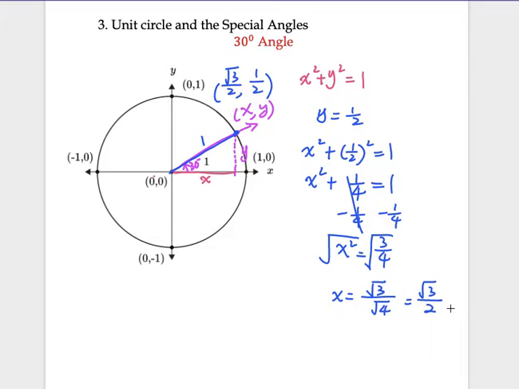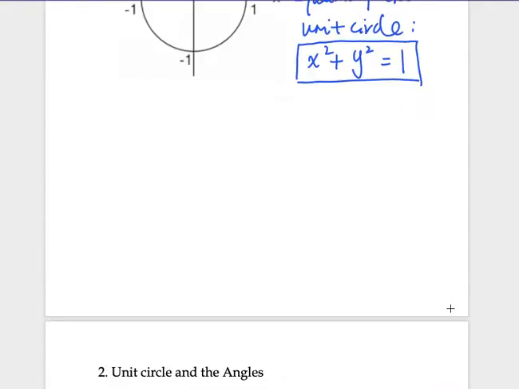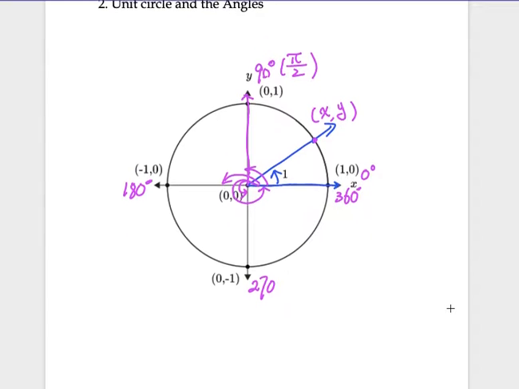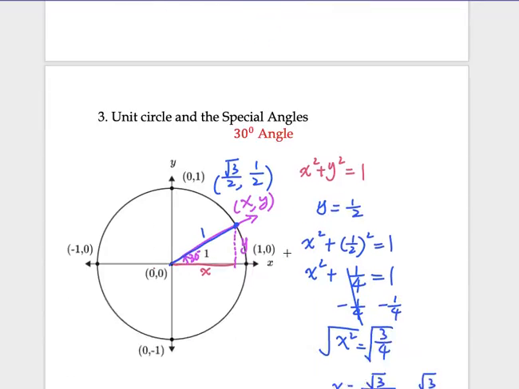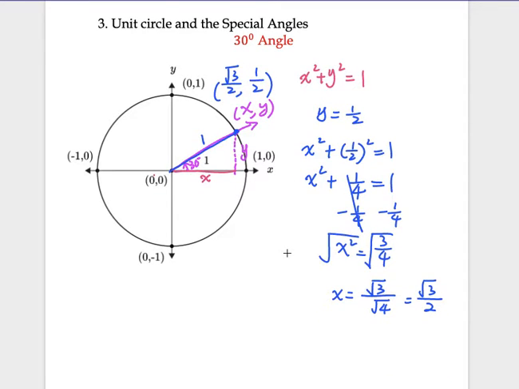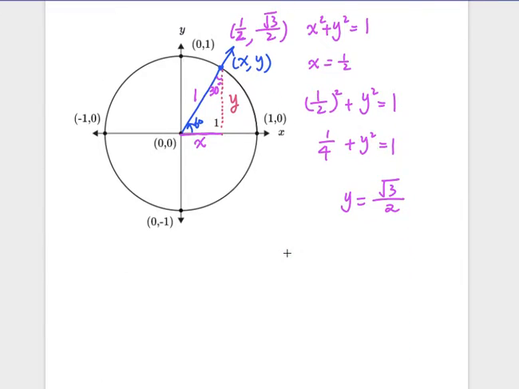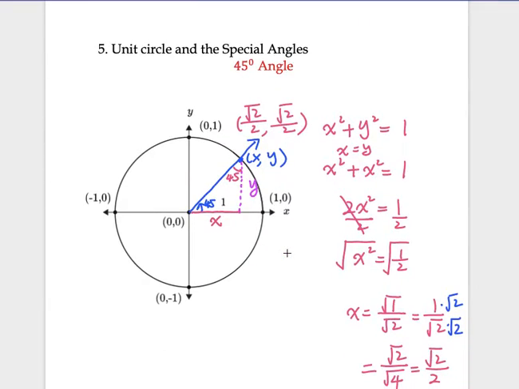This video is the third video of unit circle. In the previous two videos, we introduced the definition of the unit circle. We also mentioned several special coordinates for the special angles. We also explored some new findings for those special angles, which are the 30-degree angle, 60-degree angle, and 45-degree angle.